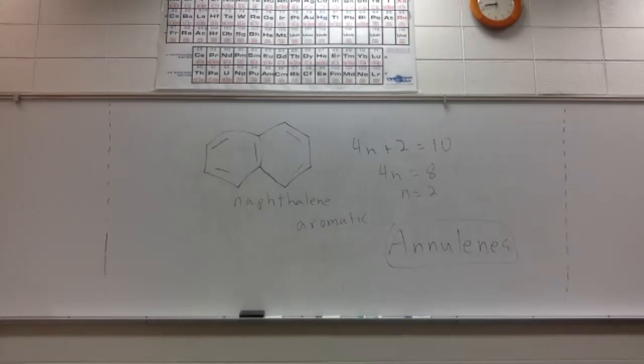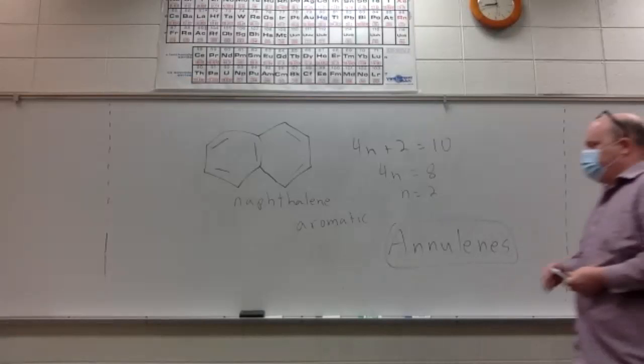So for example, you might have 18 pi electrons in a particular ring instead of 6. We're not going to look at, really, benzene is the only annulene we're going to pay much attention to. So I'm not putting much of a focus on this, but I just want you to be aware of what they are. All right. Are there any questions so far?